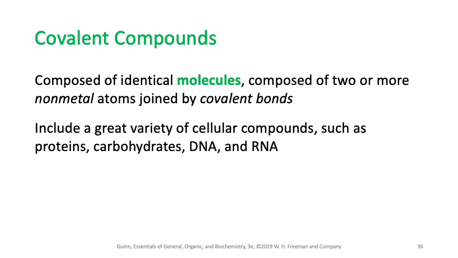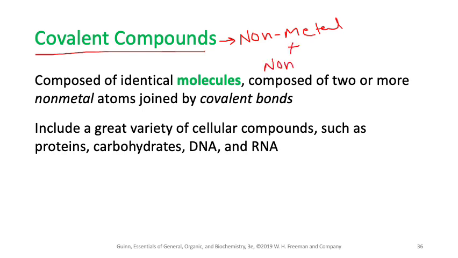Let's talk about a second type of compound formed by atoms when they combine together, called covalent compounds. Covalent compounds are formed by atoms or elements where both are non-metals, or you can say a non-metal combines with a second non-metal.